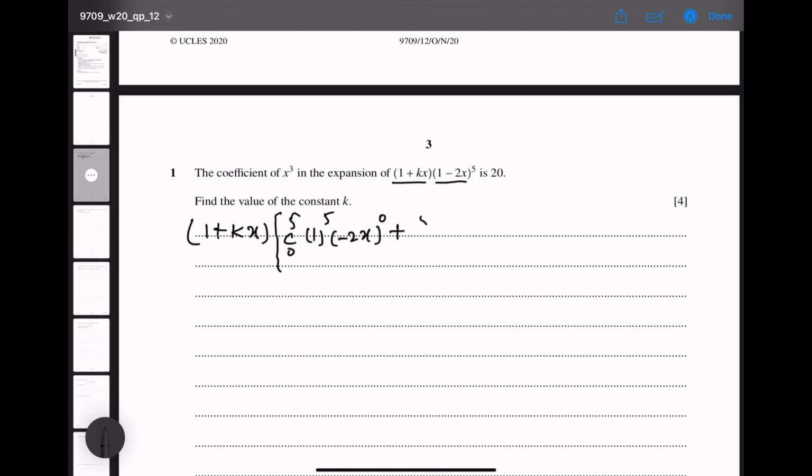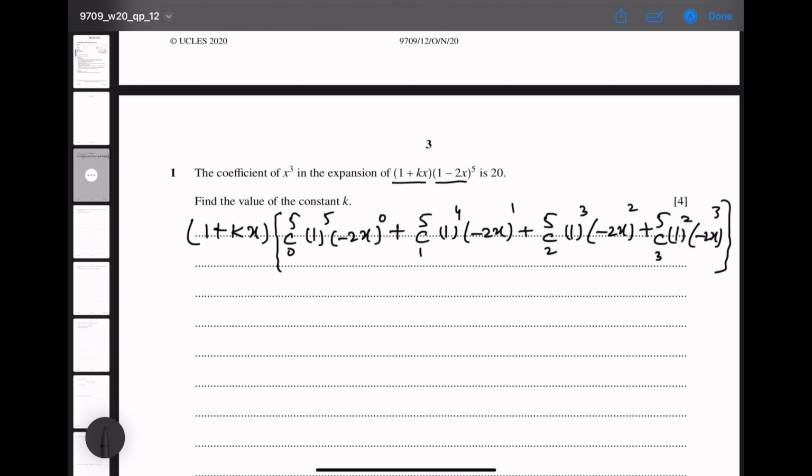Next term is 5c1, the power of 1 will decrease, and the power of minus 2x will increase, plus 5c2, power decreases, power increases, 5c3, 1 power 2, minus 2x power increased to 3.